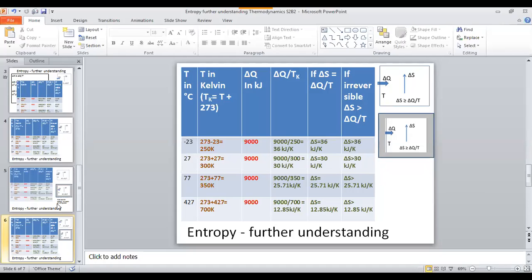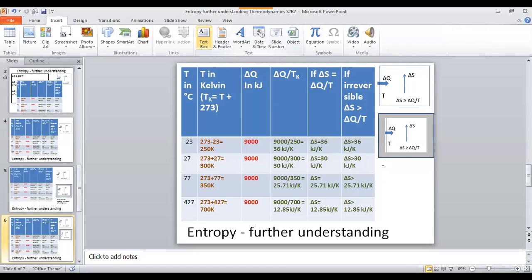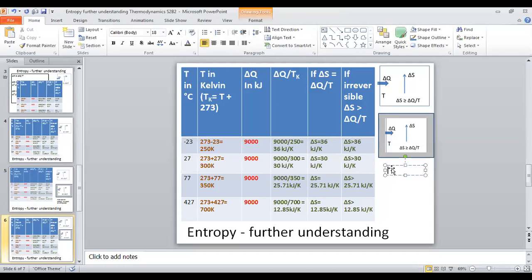So what we are doing is, in this analysis, the outside temperature.